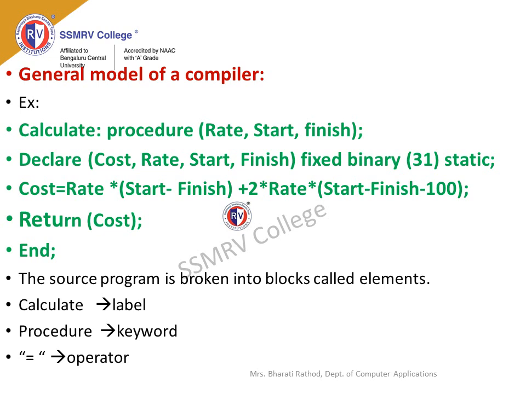We have the first statement, which is a procedure with 3 arguments; the second statement defines 4 variables of fixed binary numbers of 31 bits. The third statement is an assignment statement that performs an arithmetic operation. The fourth statement is a return statement with 1 argument.